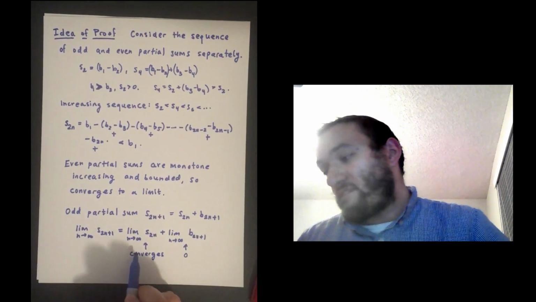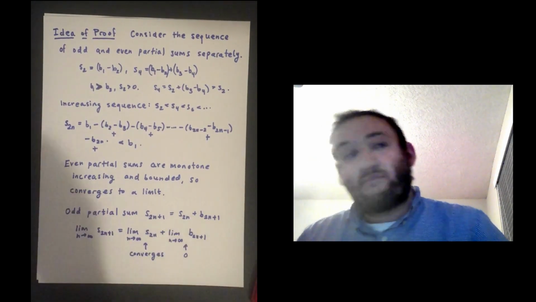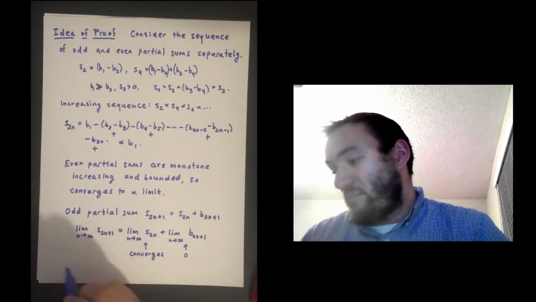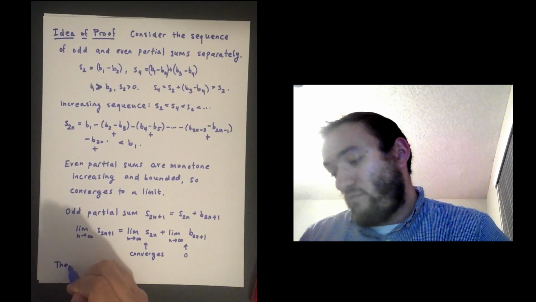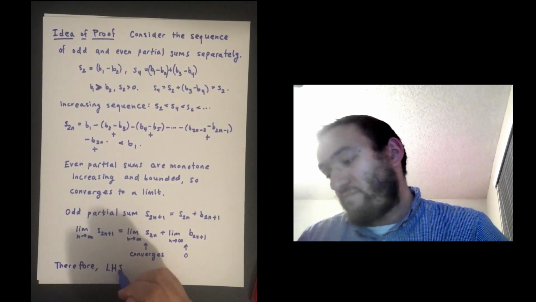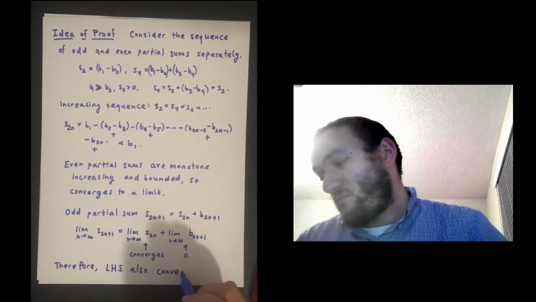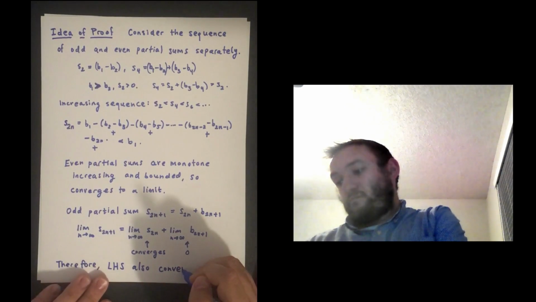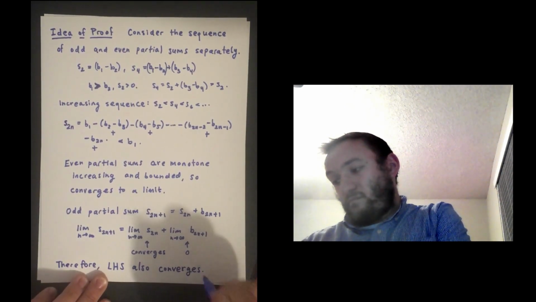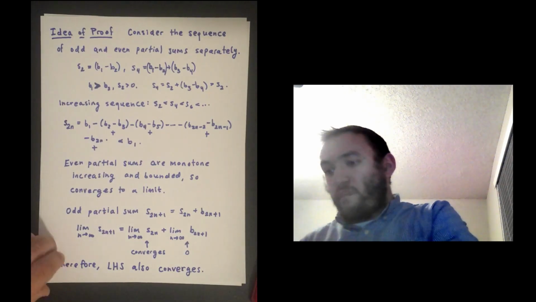So if you have a convergent sequence and you add 0, that converges to the same limit. Therefore, the left-hand side also converges. Okay. That's the idea of the proof, but let's see it in action.